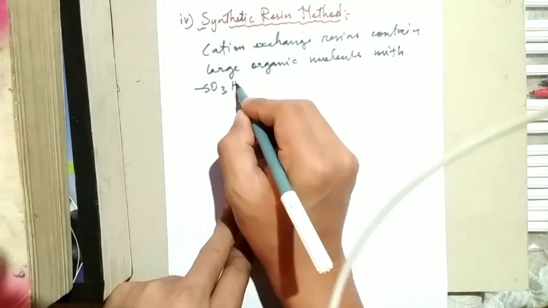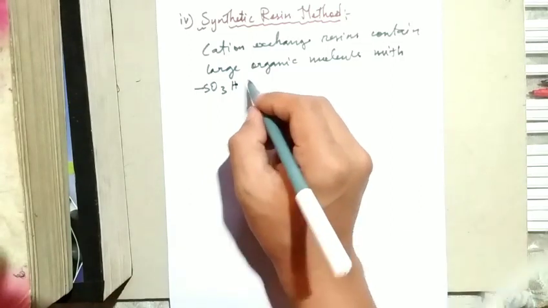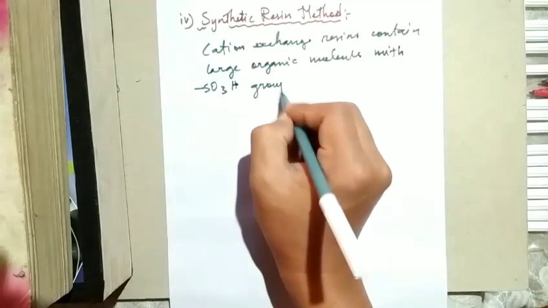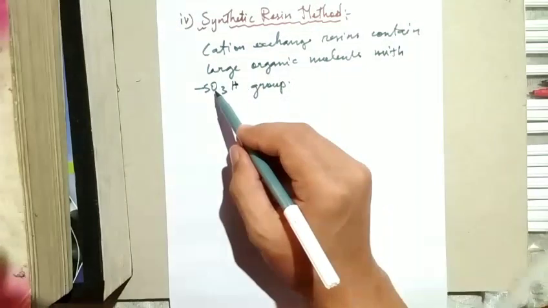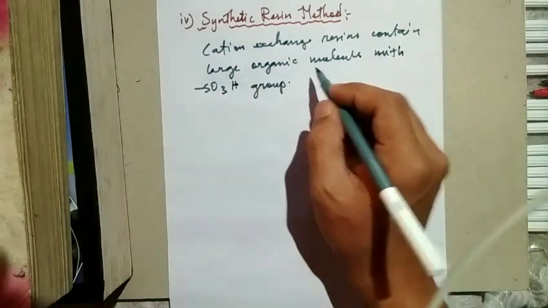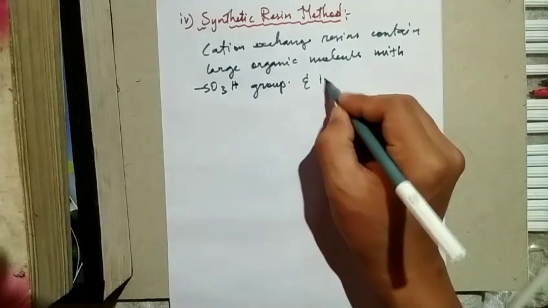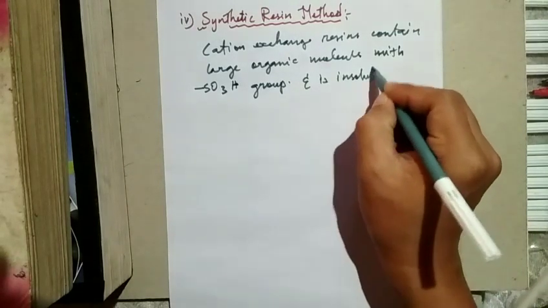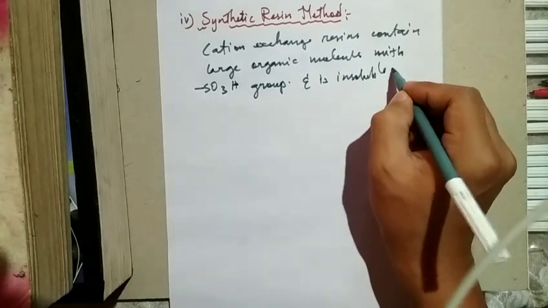This cation exchange resin contains the SO3H group and is insoluble.